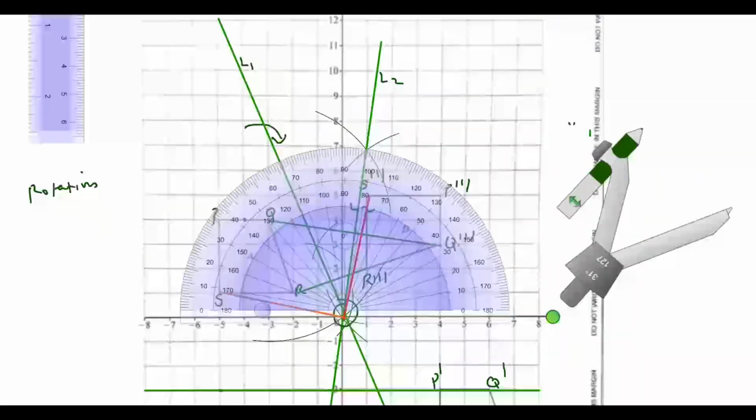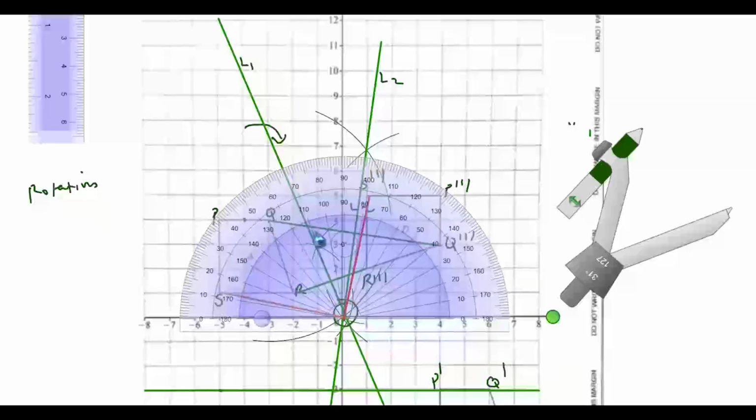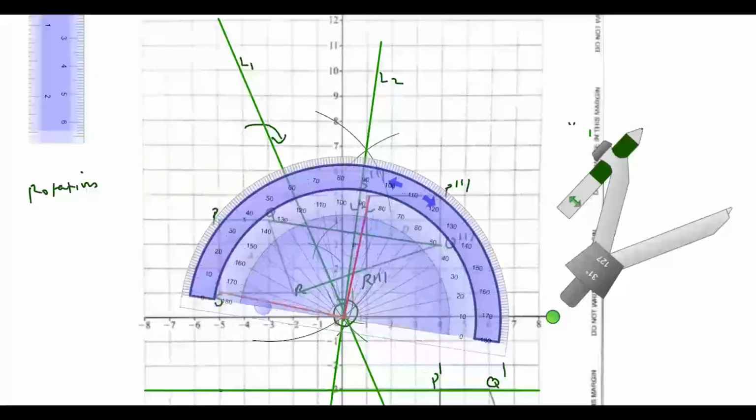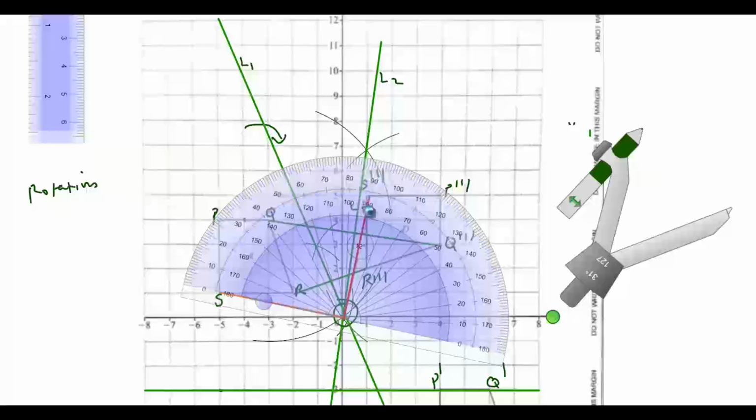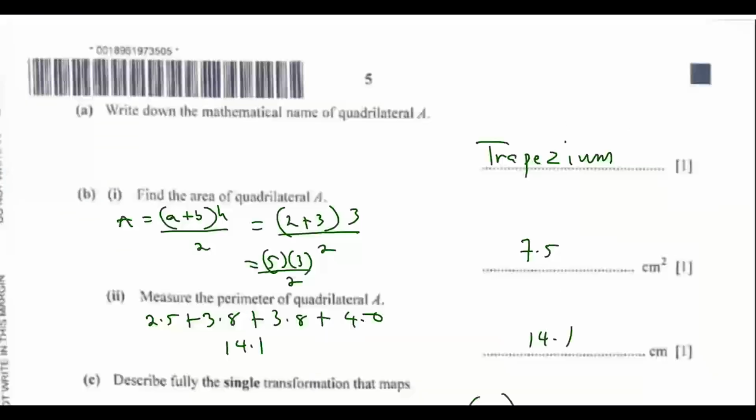Even without putting this, but if you want to be very sure, you need to pick this protractor. So let's see how you move. Center of the protractor and the center of rotation, then you put 0 degree here. Okay, so from here you see 0, then you come to this red line here. This is 90 degrees, so it's obvious. So I can go back to the page, then complete this now.